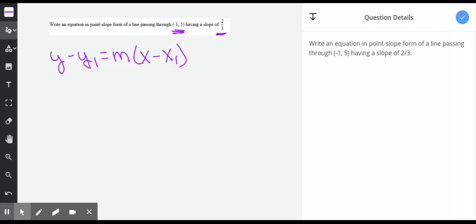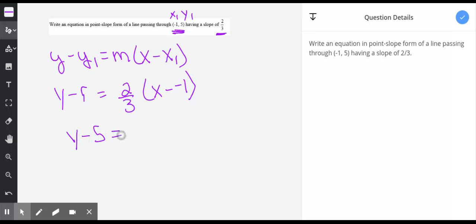In my point, negative 1 is x1, 5 is y1. So that's y minus 5 equals my slope, which is 2/3, times x minus negative 1. I can simplify that minus minus to be x plus 1. And that is the answer.